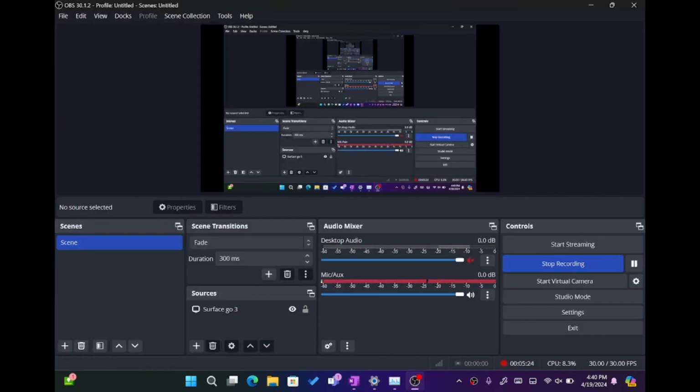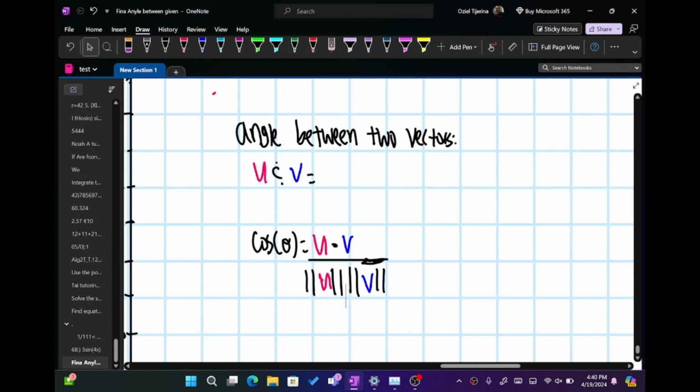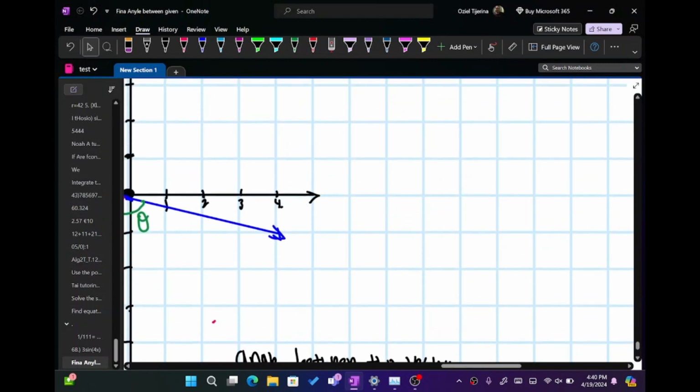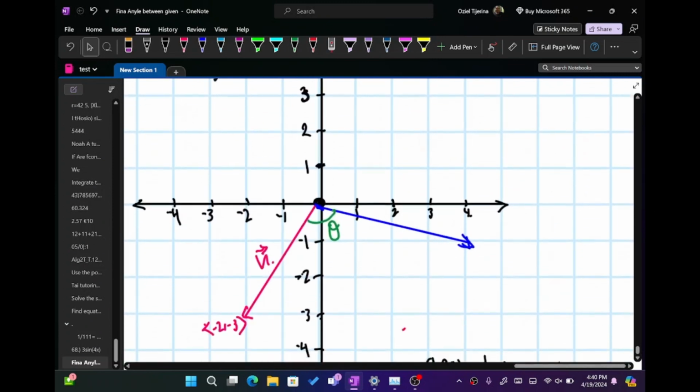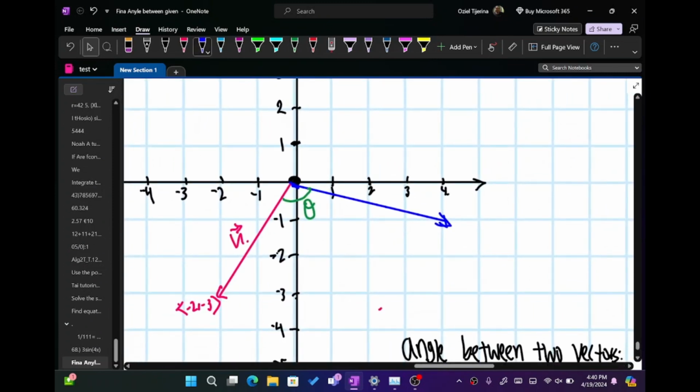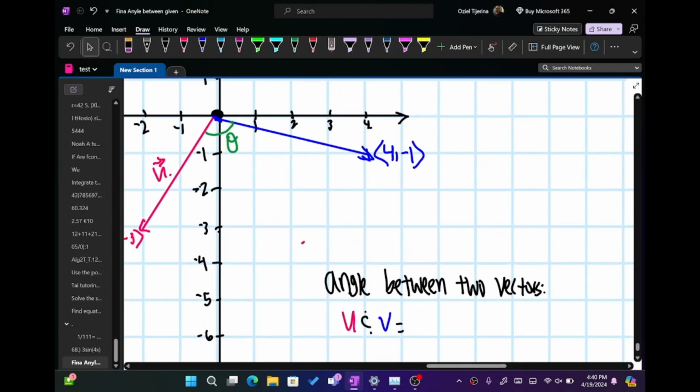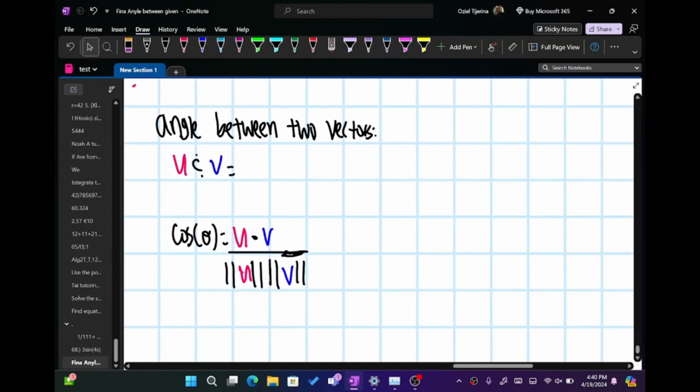Okay, so we have our two vectors here. We have 4, -1, so here's 4, -1 right over here. And we need to find u dot v.